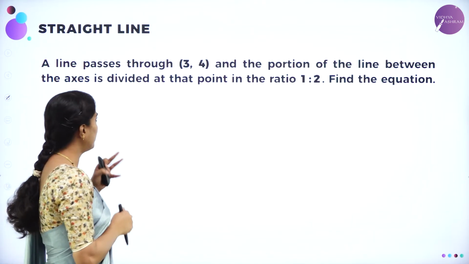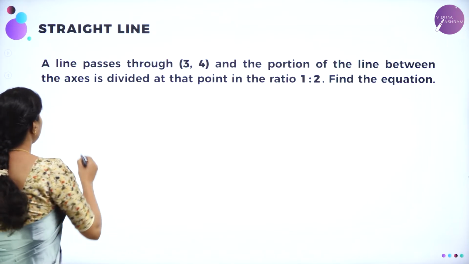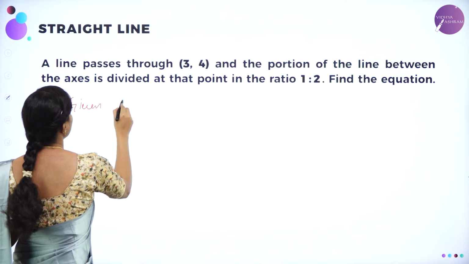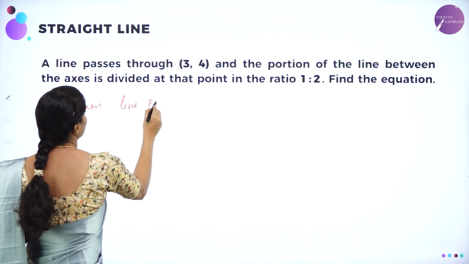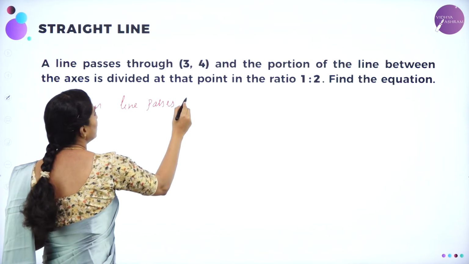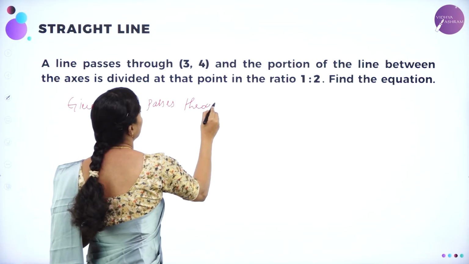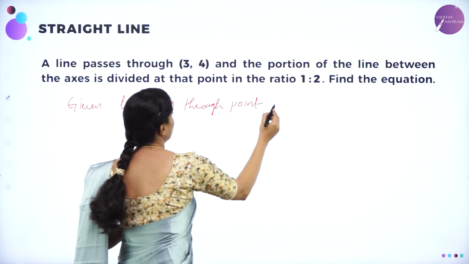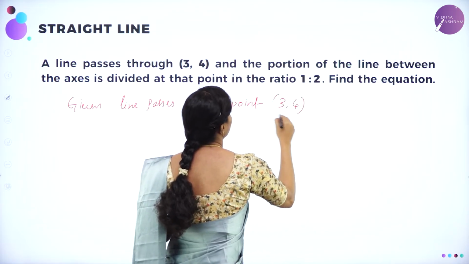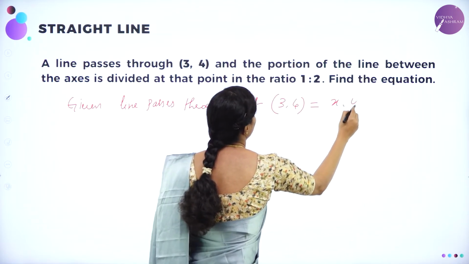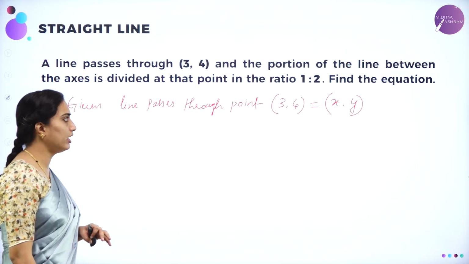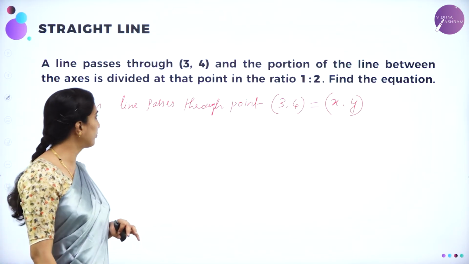You can take this as given: a line passes through the point (3, 4), which is nothing but x, y. And then that point divides in the ratio 1:2.